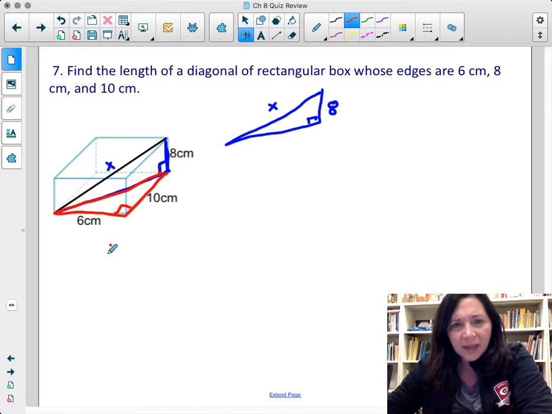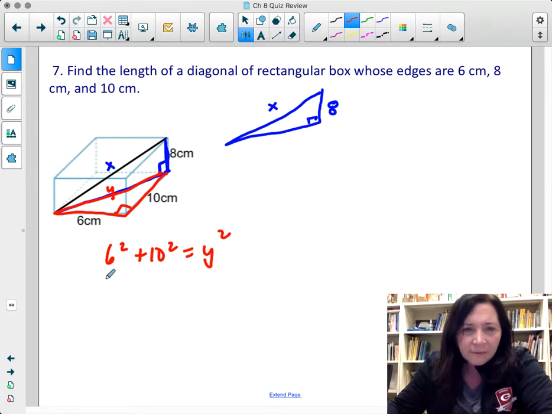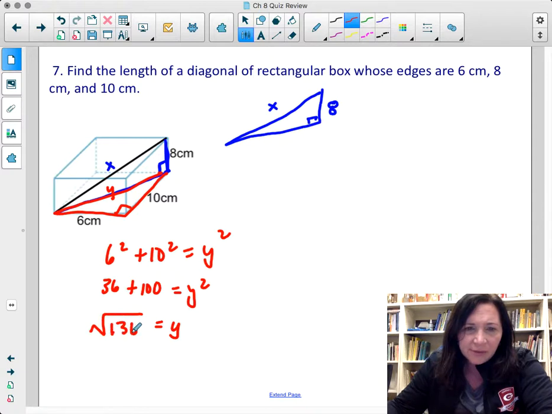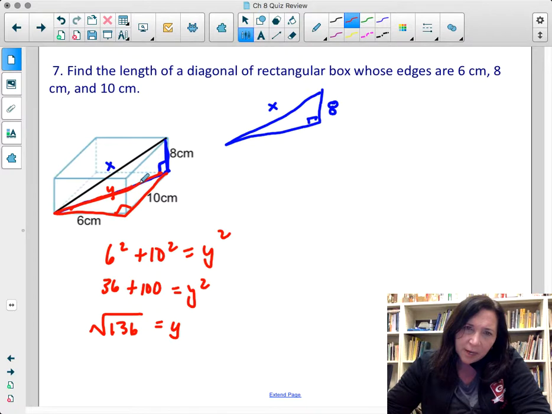So I'm going to say 6 squared plus 10 squared is equal to, let's call this y, y squared. So we have 36 plus 100 is equal to y squared. So y is equal to the square root of 136. Now, don't reduce that, because that's what this value is right here, the square root of 136.